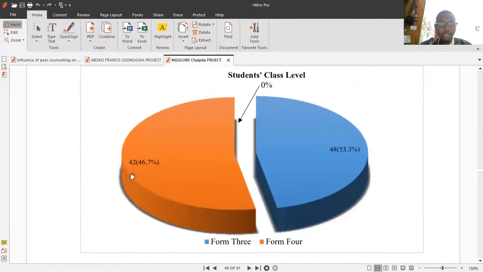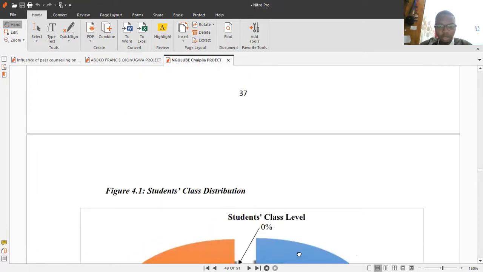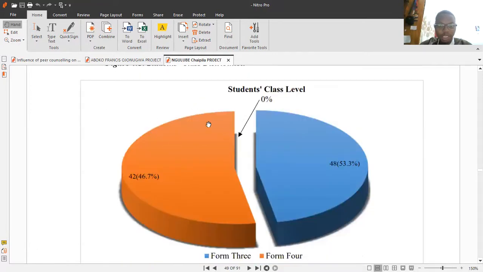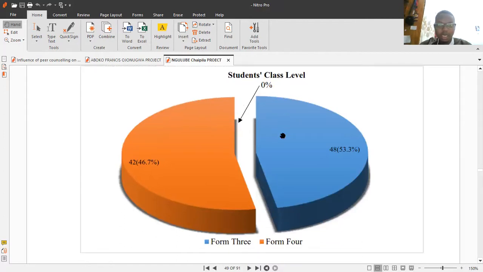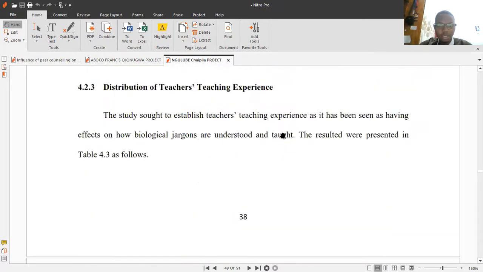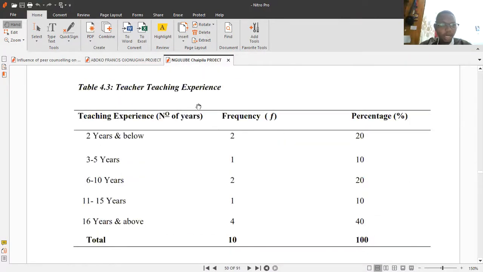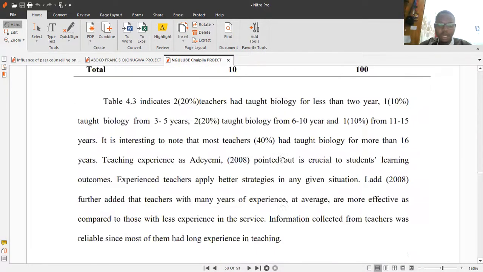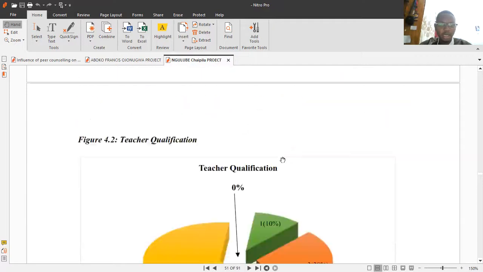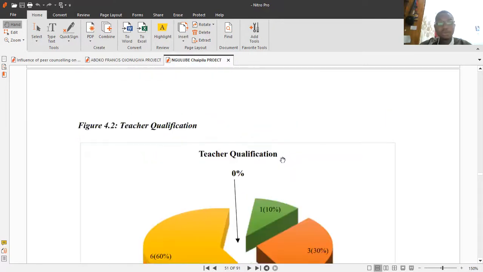You can also see we presented this, which is what we call a pie chart. Yeah, so I presented the class level of students. Then you go down, then teachers' experience. You just see the information that is going to be relevant for your study.